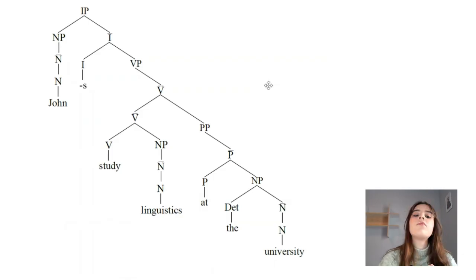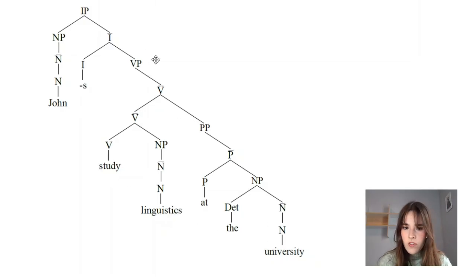So now we have John studies linguistics at the university. The IP, the sentence, is everything. It opens into the DP, John, and the I bar. The I bar opens into I, which is the S from the third person singular, and the VP, study linguistics at the university.